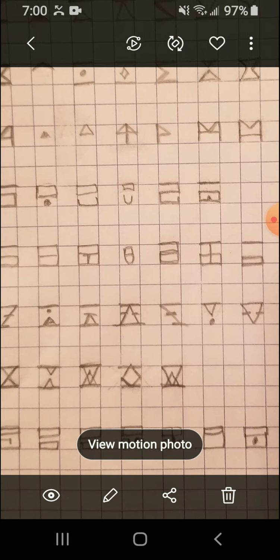So some of these are like alchemy symbols. Some of them are astrological signs. And basically, how you determine what that is, is the order that they're in whenever you're writing them.